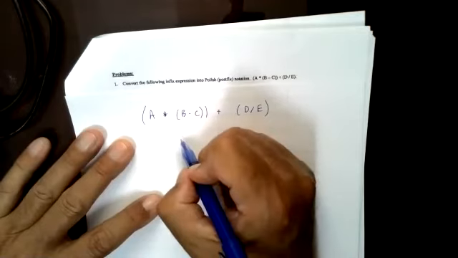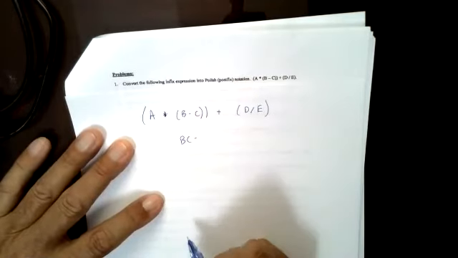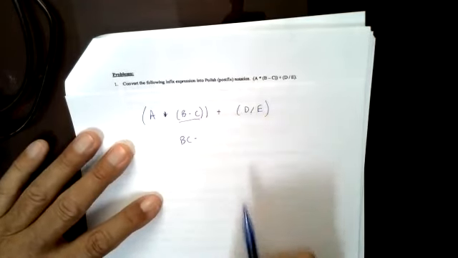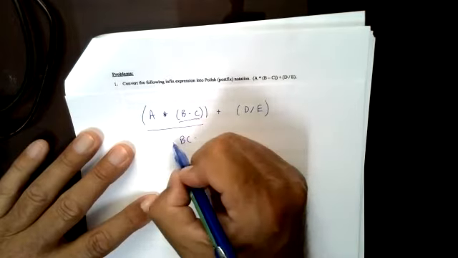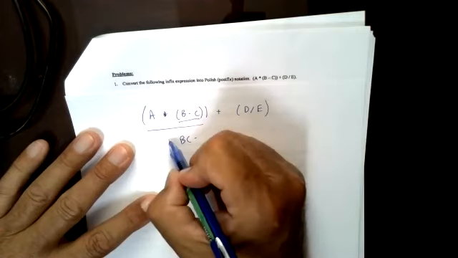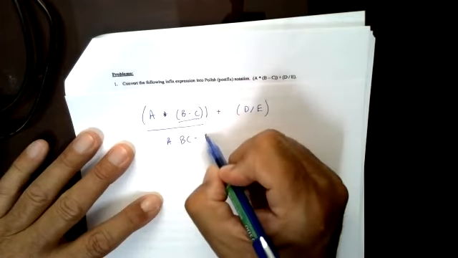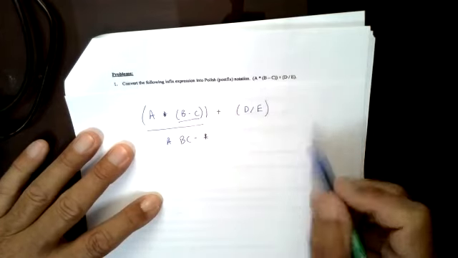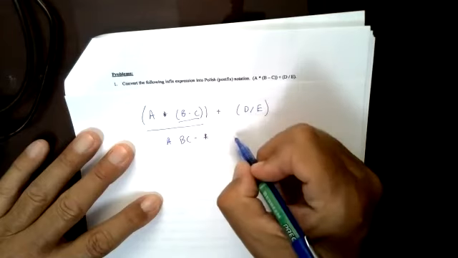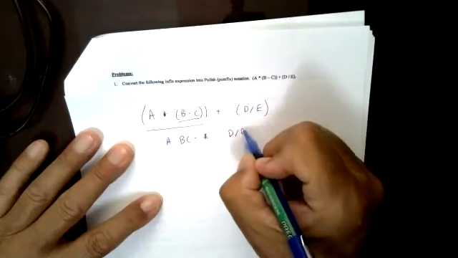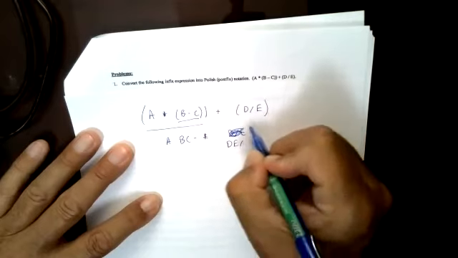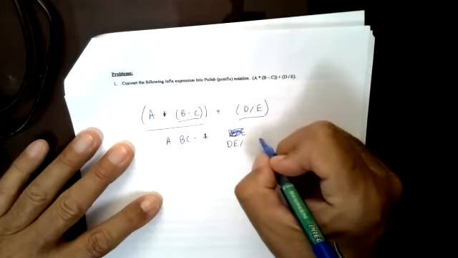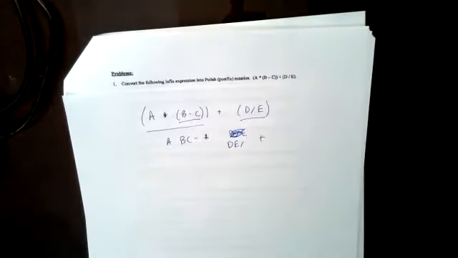Here's a group of 3, B, C minus, right? I took that grouping. Here's a group of 3. So I want to put this in postfix, A times. Here's a group of 3, D slash E, whoops, excuse me, DE slash, and then the plus is going to jump out to the end.